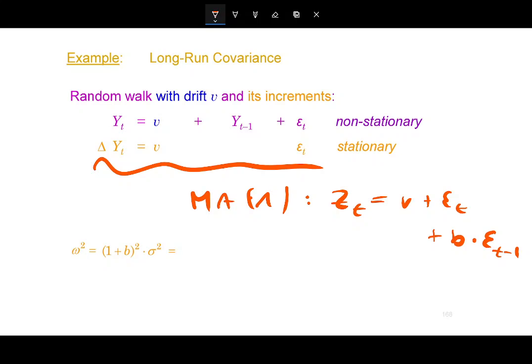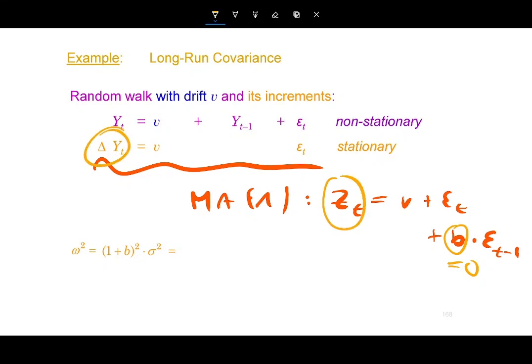And if b is equal to 0, then this is going to be the increments of the random walk. You see that, guys? So that's basically the increment. This process is then the increment of the random walk at time t.